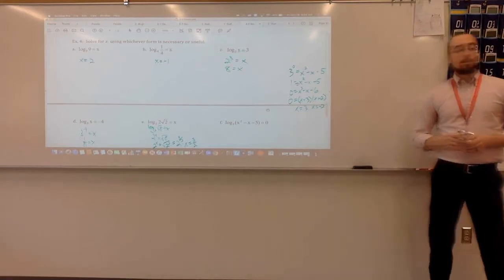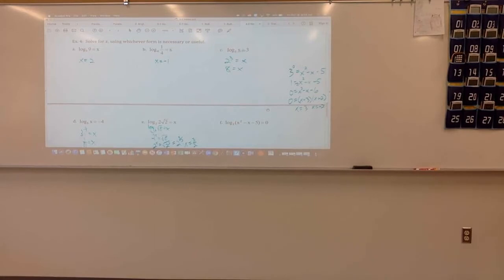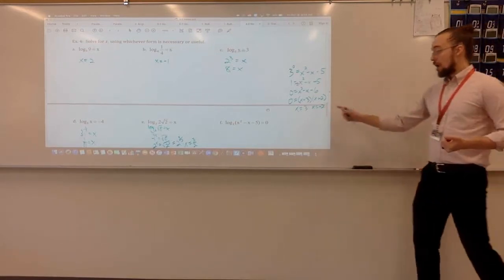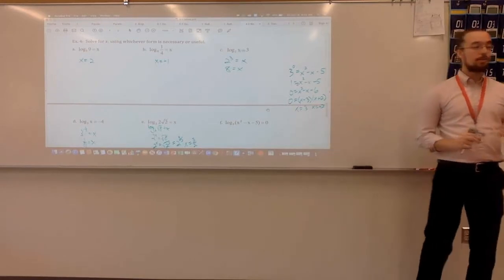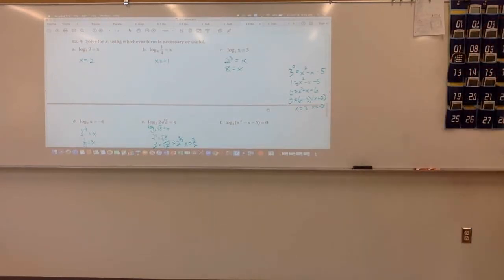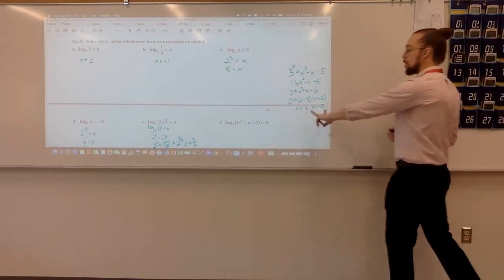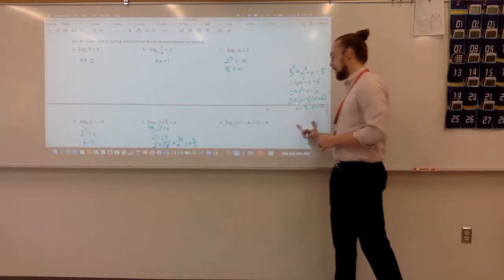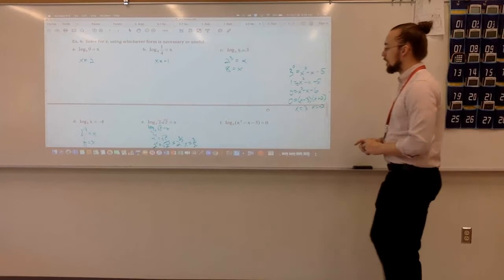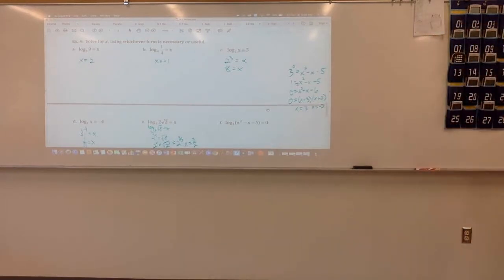Now, with logs, and we'll get into this a lot more in 2 sections, I have to check for extraneous solutions. I have to plug both of these values back in and make sure that I get a positive number.